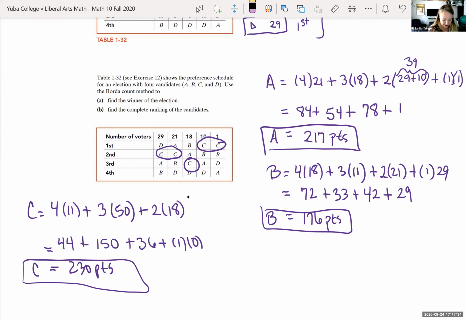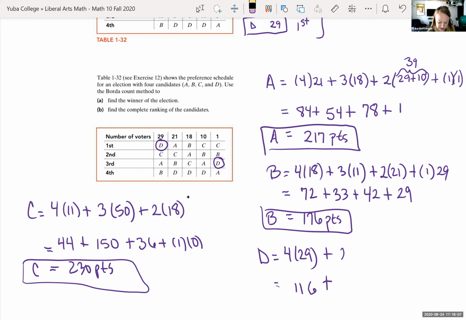And then last but not least, candidate D. So D has 29 first place, so 4 times 29. If I multiply that, let me see, is 116. Plus D doesn't have any second place votes. D has 1 third place vote.